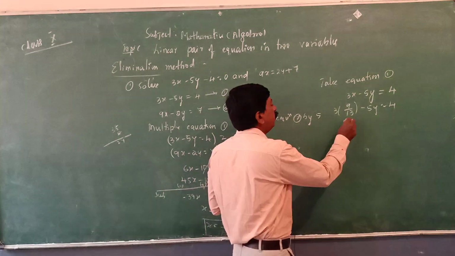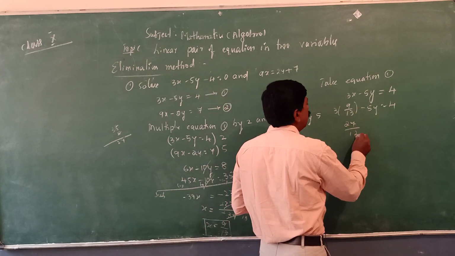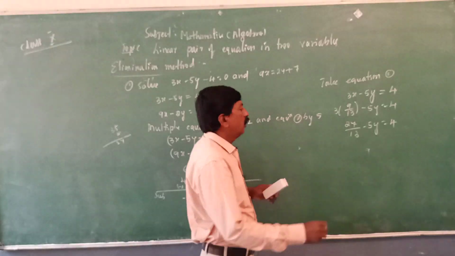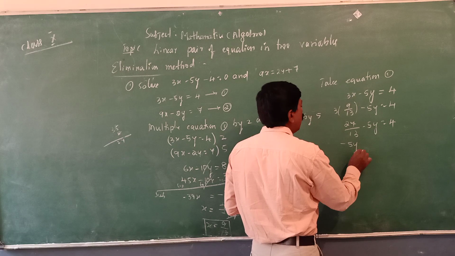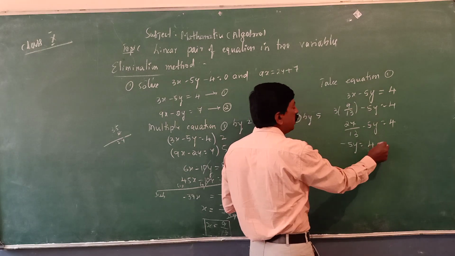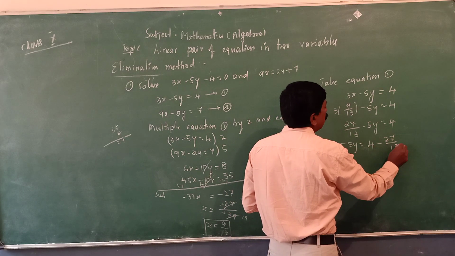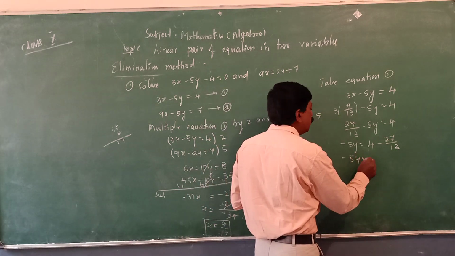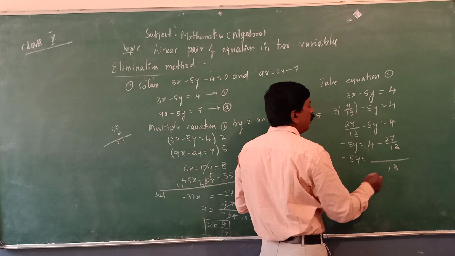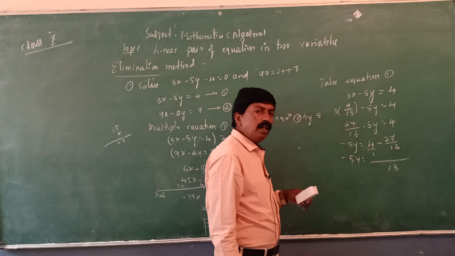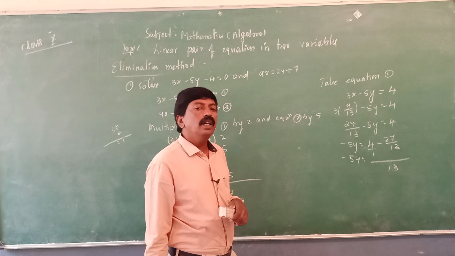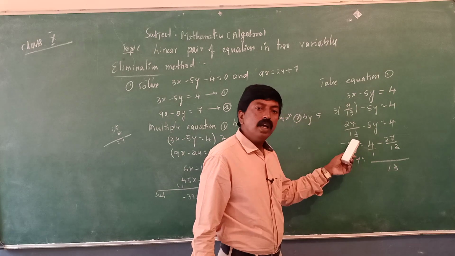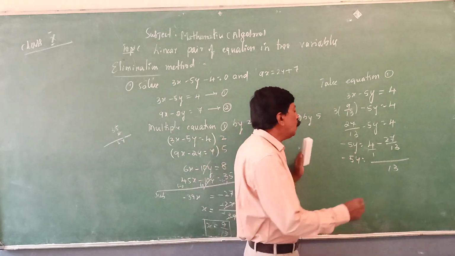9 3s are 27 by 13 minus 5y is equal to 4. Then what do we have to do? Minus 5y is equal to 4 minus 27 by 13. Now take the LCM as 13. Minus 5y is equal to, 13 is the LCM; 13 divided by 1 is 13 times. 13 4s are how much? 52.